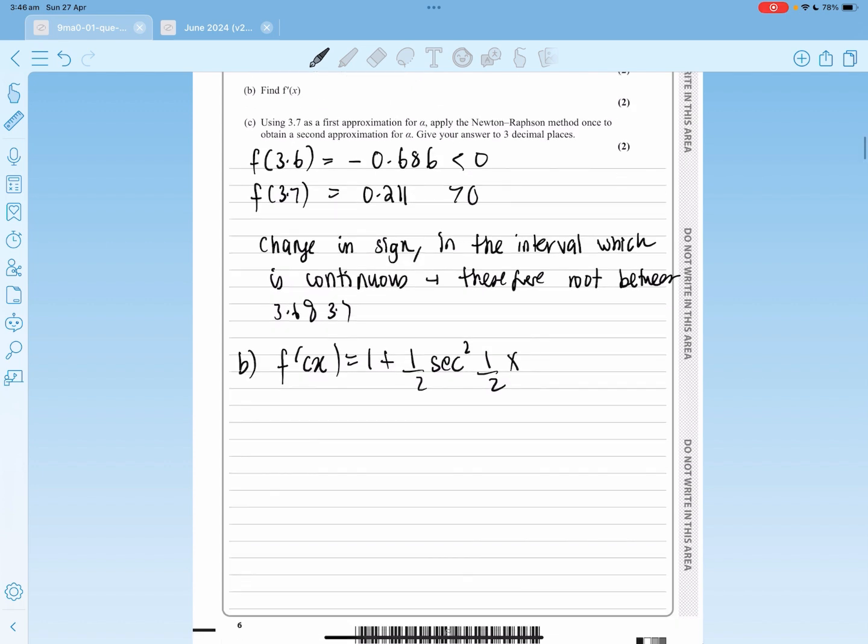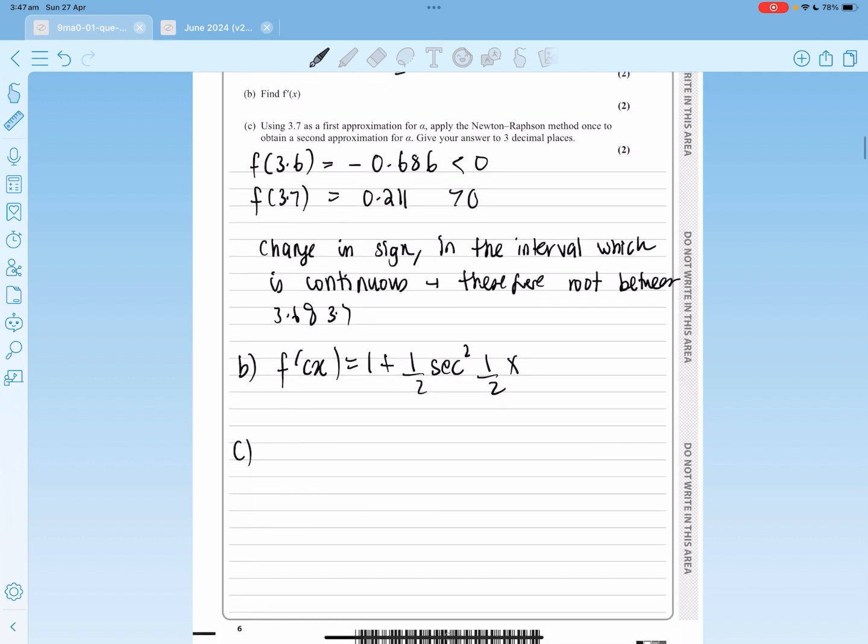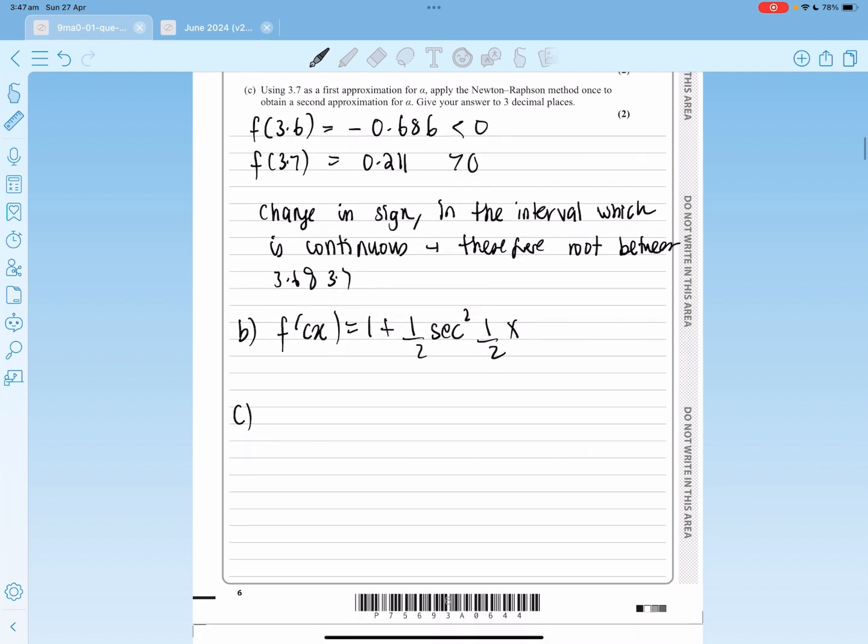Now for part C, it says using 3.7 as the first approximation for alpha, use the Newton-Raphson to obtain a second approximation for alpha. So the formula for that is x n plus 1 is equal to x n minus f of x n over f dash of x n.